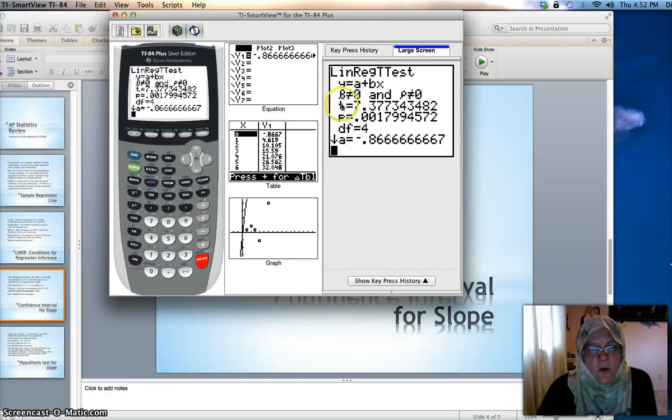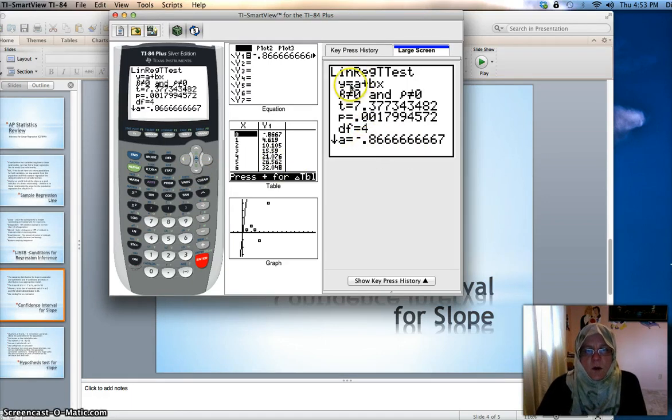Okay, so I have a t-value of 7.37, a p-value of 0.002, basically, and degrees of freedom 4. I should report this on the do part of my state-plan-do-conclude hypothesis test. And if I keep scrolling down, the equation is given here as well.